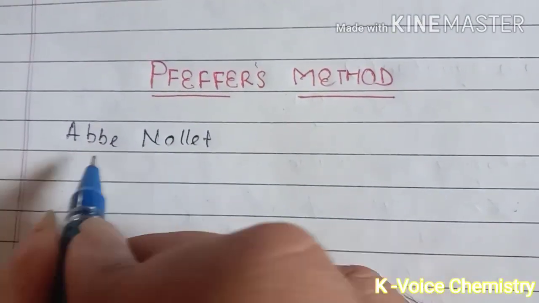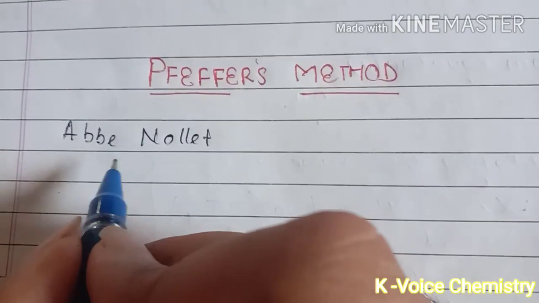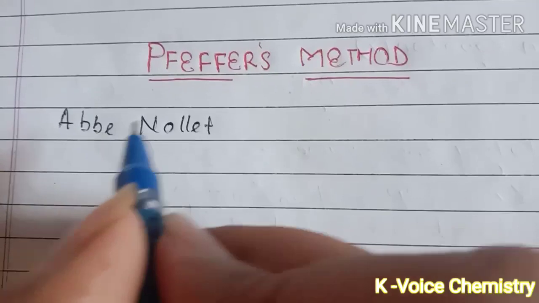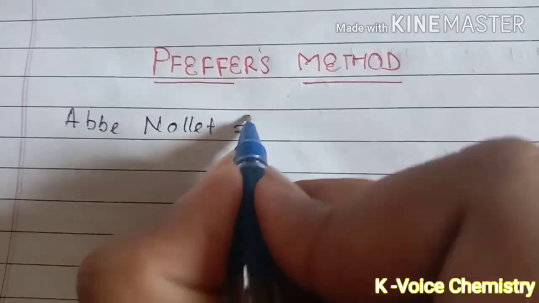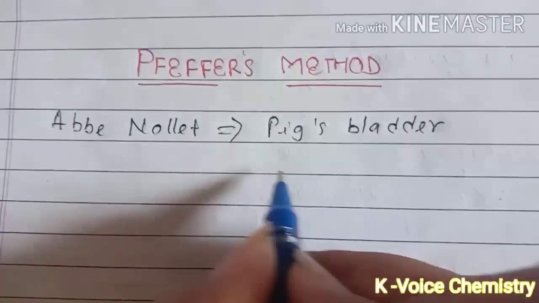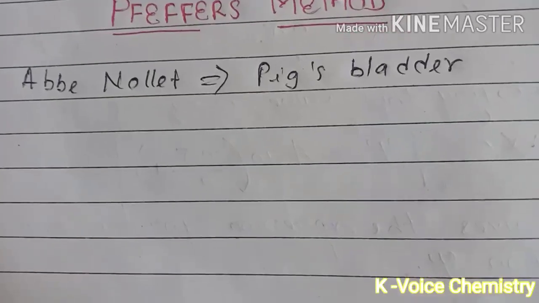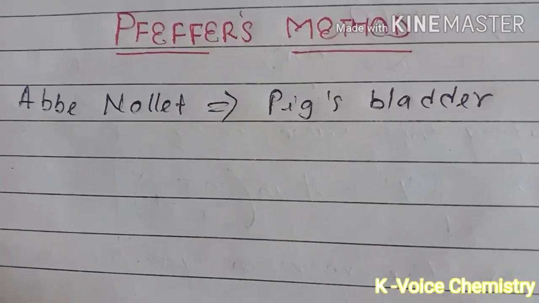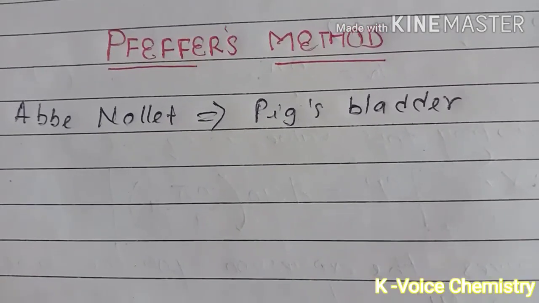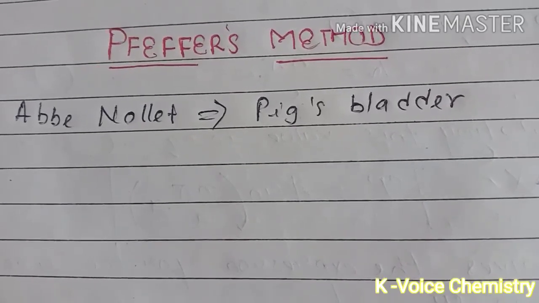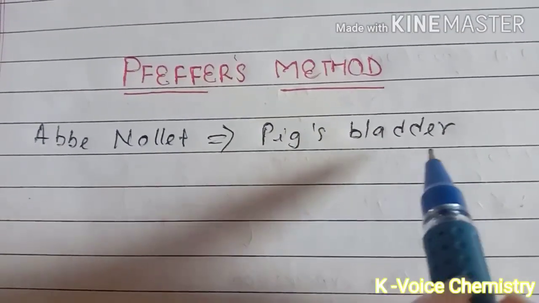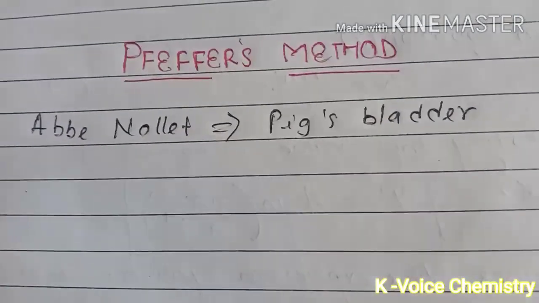He was the first to observe, or we can say measure, the osmotic pressure, for which he used a pig's bladder as a semi-permeable membrane. But the measured value was not appropriate, because the pig's bladder is not a good type of semi-permeable membrane.